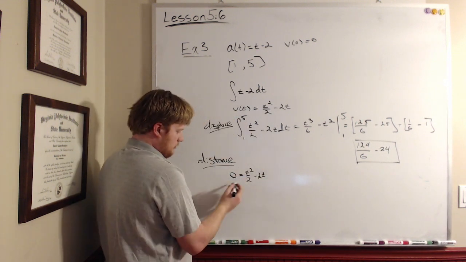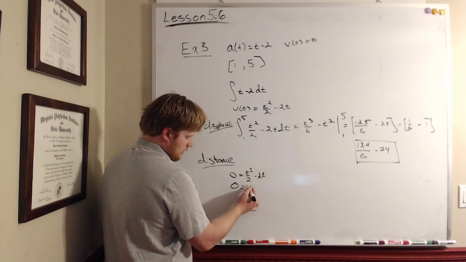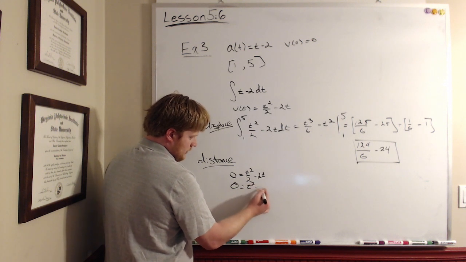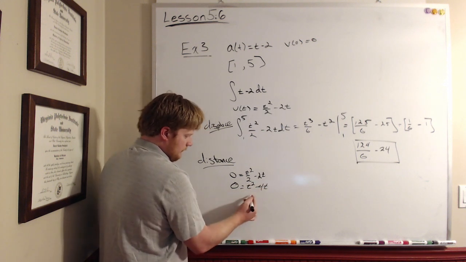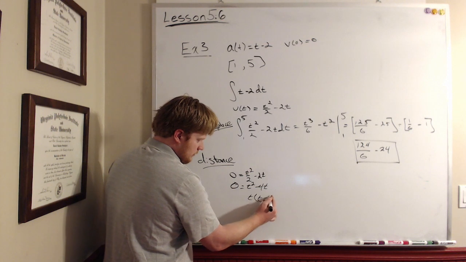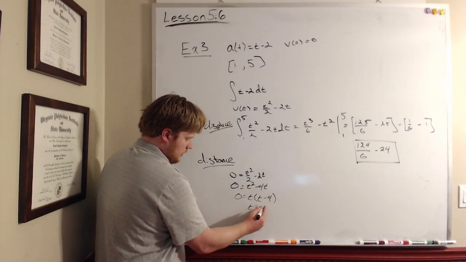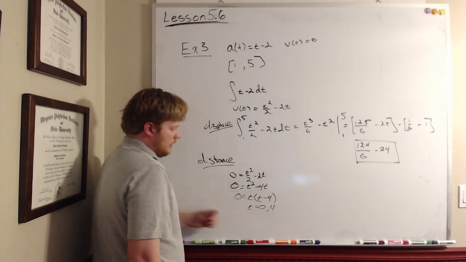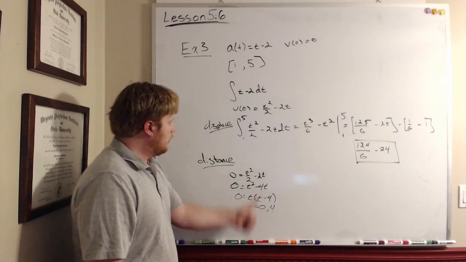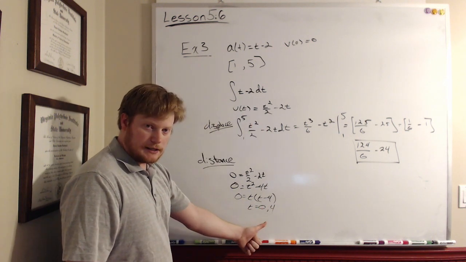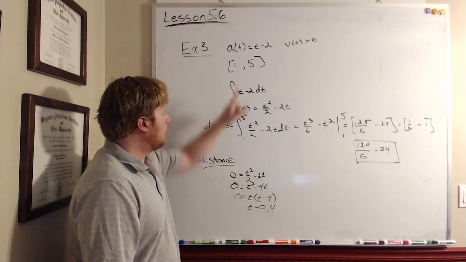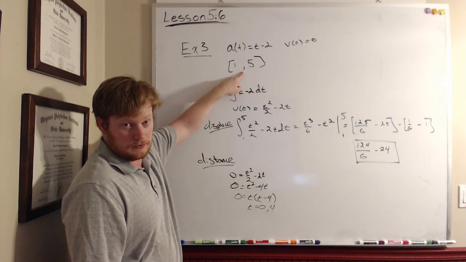Let's just multiply through by 2 here. Okay, I get t squared minus 4t. Now that factors into t times t minus 4. So t equals 0 or 4. The velocity function is going to cross the x-axis at 0 and 4. 4 happens to be in our interval.